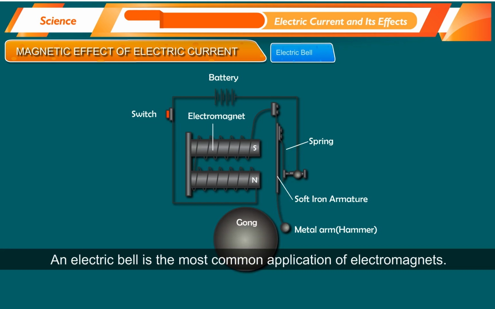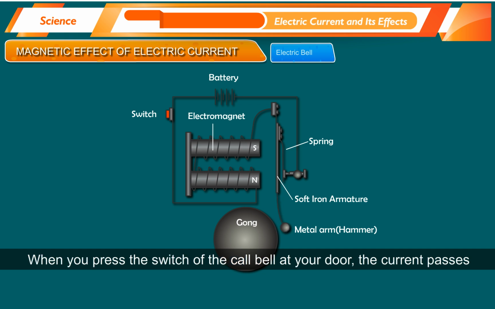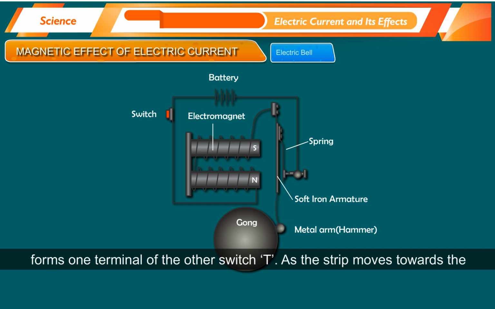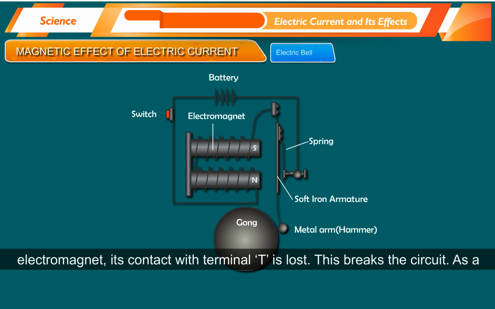Electric bell. An electric bell is the most common application of electromagnets. When you press the switch of the call bell at your door, the current passes through the circuit and the electromagnet pulls the springy iron strip S, which forms one terminal of the other switch T. As the strip moves towards the electromagnet, its contact with terminal T is lost.